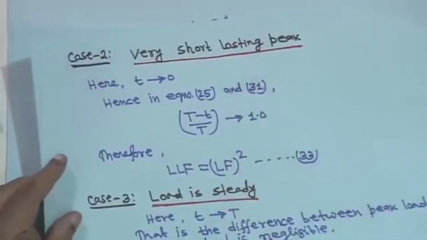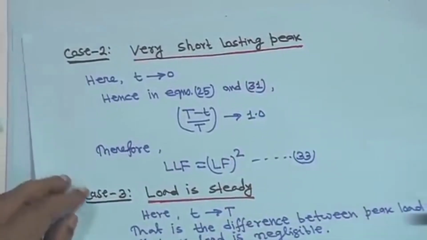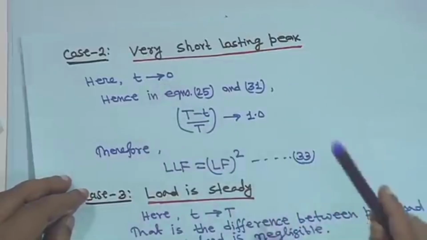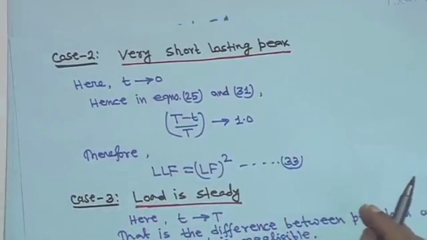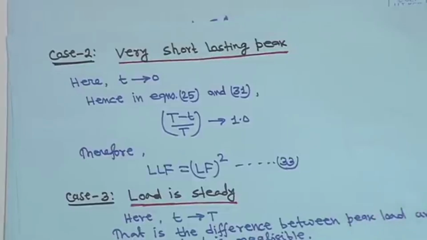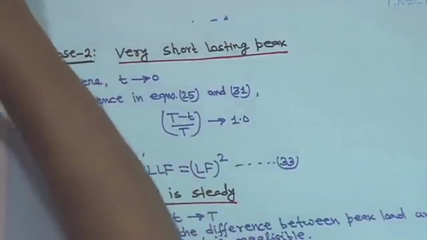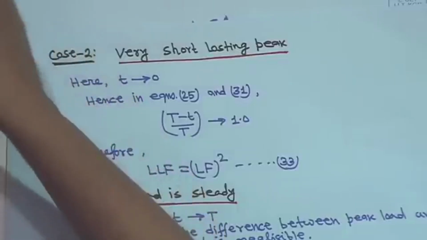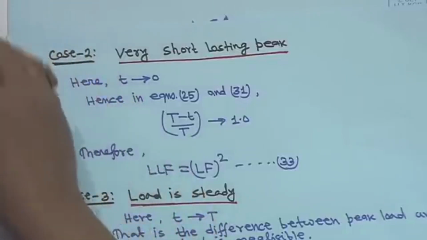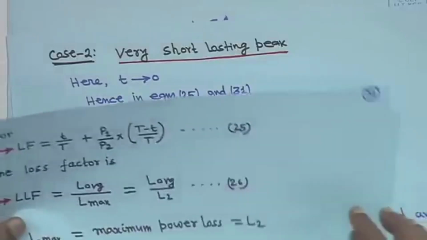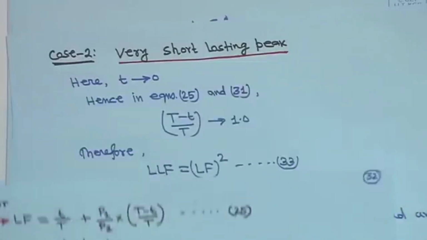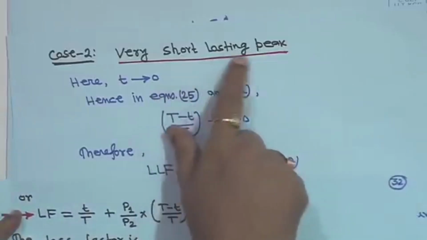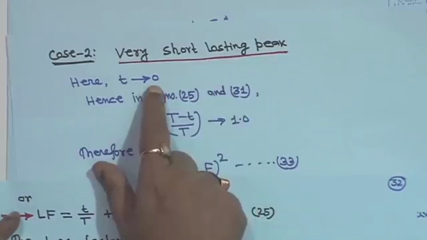Now case 2: very short lasting peak. In this case the time small t tends to 0. If you look at equation 25, with a very short lasting peak, small t tends to 0.